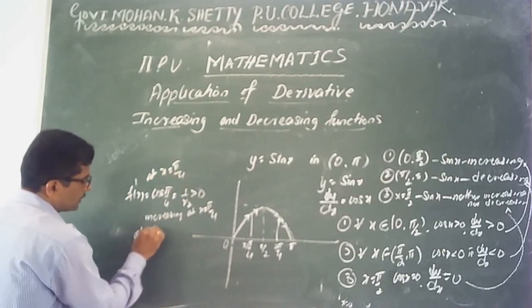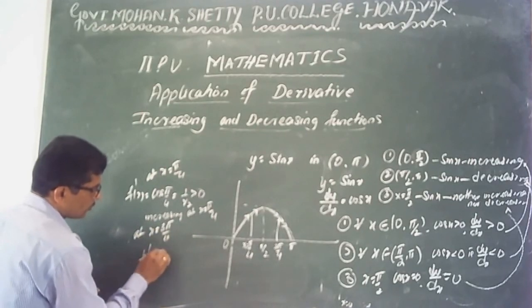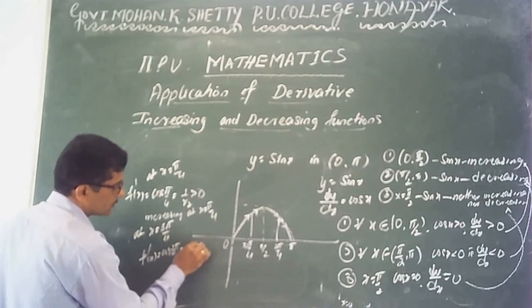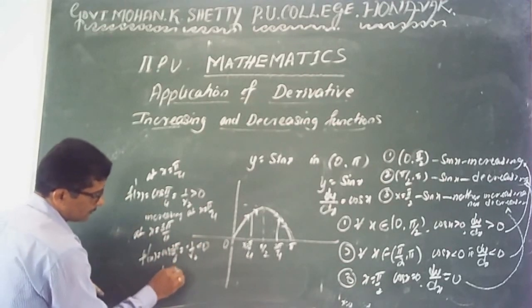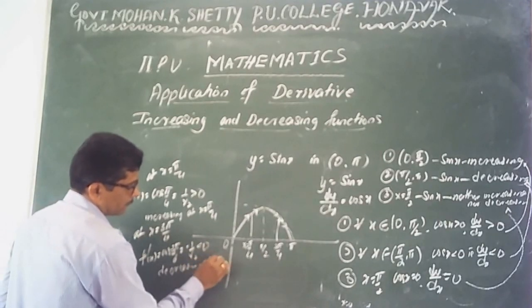Suppose at the point x is equal to 3 pi by 4, f dash x, it means cos of 3 pi by 4, this value is minus 1 by root 2, this value is negative. Therefore, decreasing at x equal to 3 pi by 4.